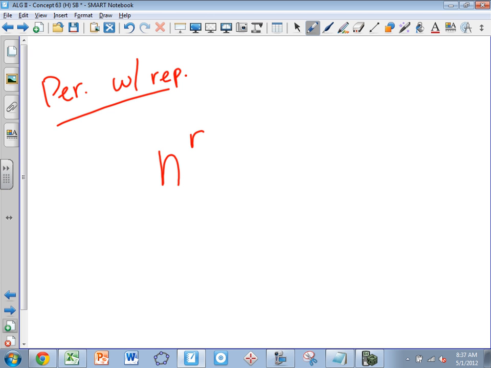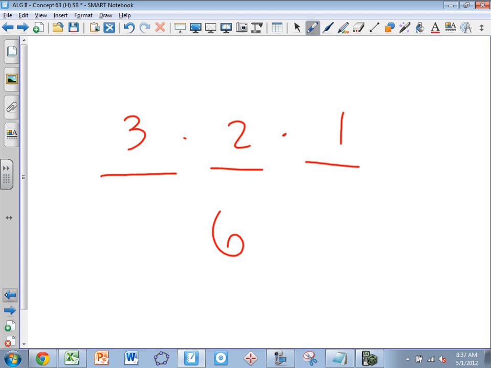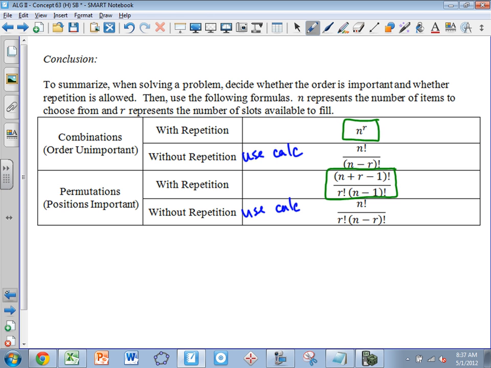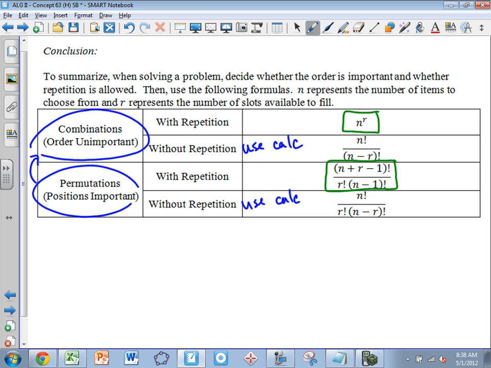Or did I write it wrong? Hold on. Oh no! Go to your notes, please. That would have been a very, very bad thing. Thank you. I'm going to switch that, because that's all your homework. Switch these 2 words, obviously.